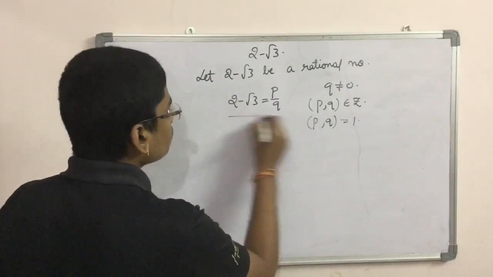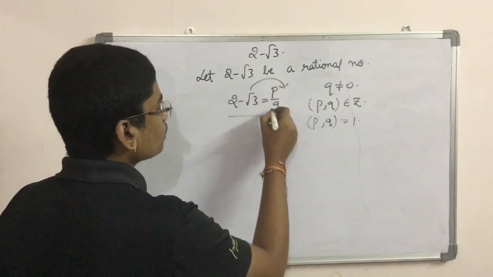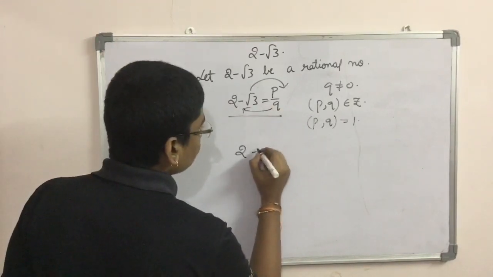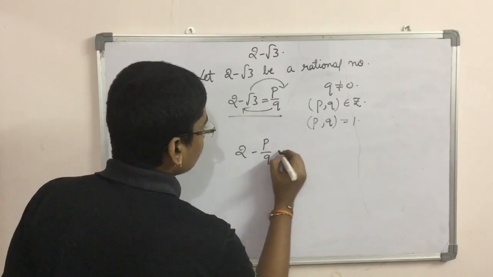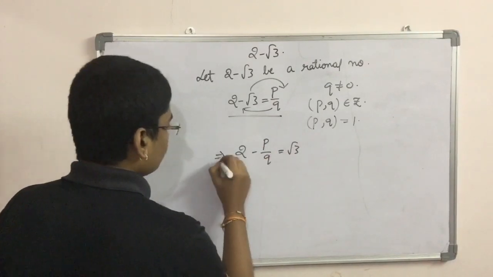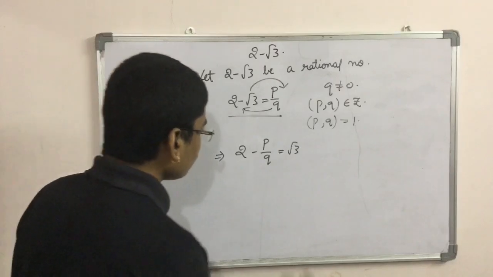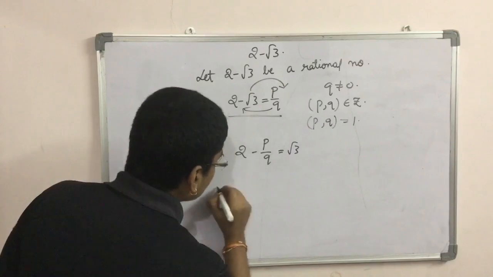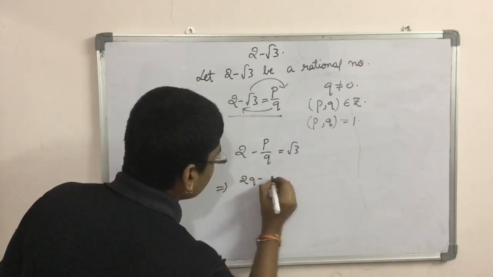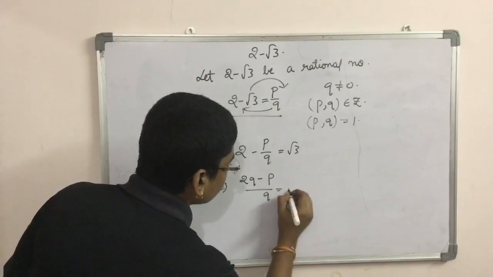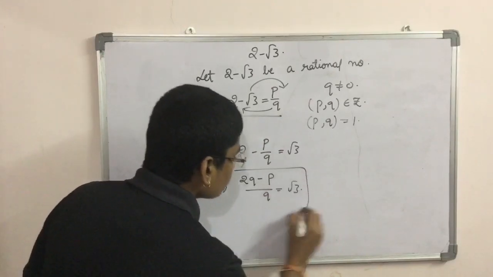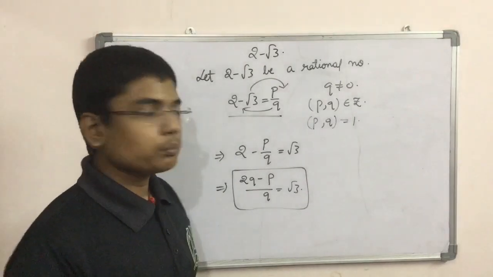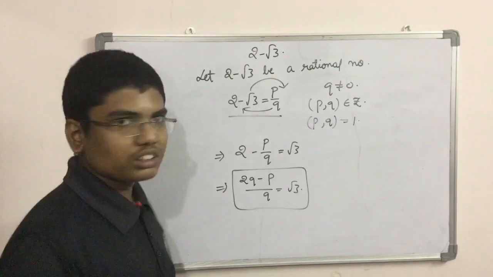And then in this model we'll take root 3 to the other side and we'll bring p by q to this side. It will become 2 minus p by q is equal to root 3. It will be easy to prove if we consider this in this way, and then we'll take the LCM. It will become 2q minus p by q is equal to root 3, and the process ends here, and the contradiction statements for the before sum and this model are the same.